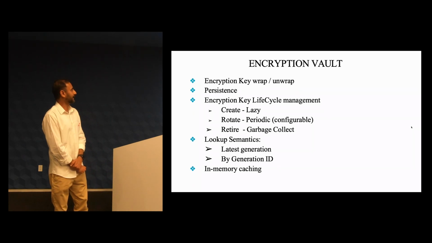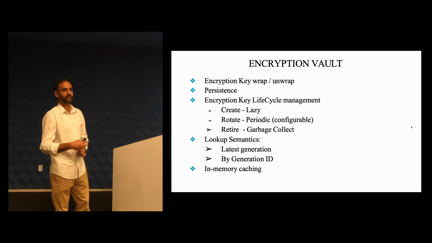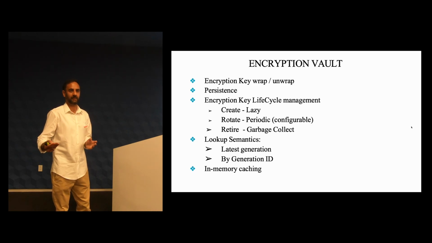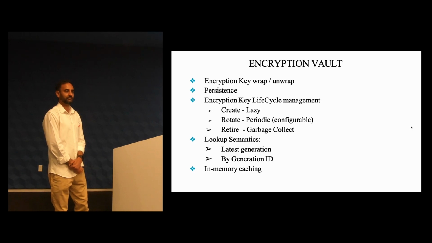It needs to maintain the life cycle. And the life cycle is mostly to be aligned with the accepted NIST standards, wherein you need to create an encryption key, maybe in a lazy way for performance reasons, because you will not be creating encryption keys that often. Second, you need to rotate it.